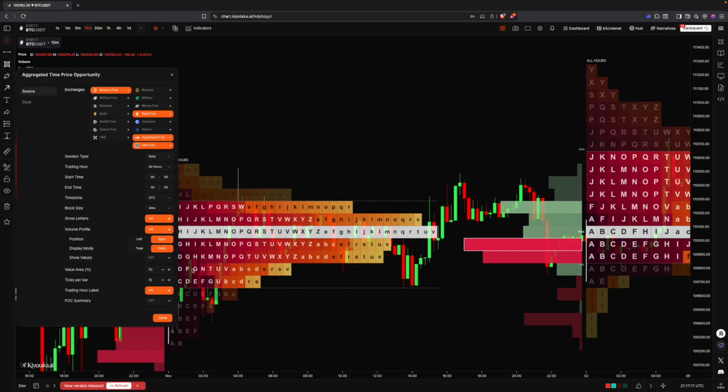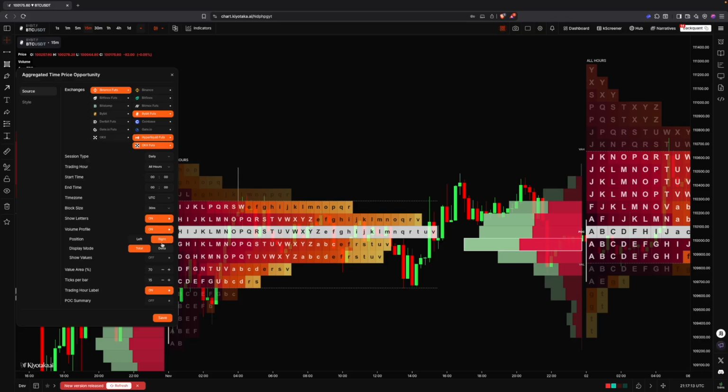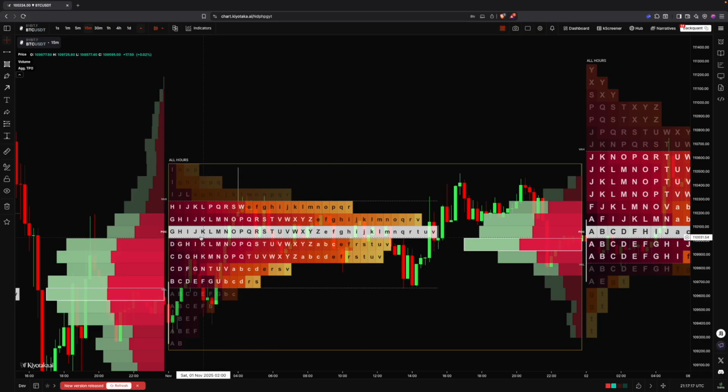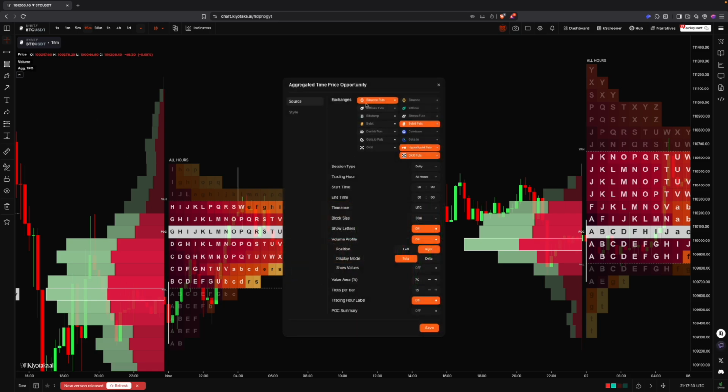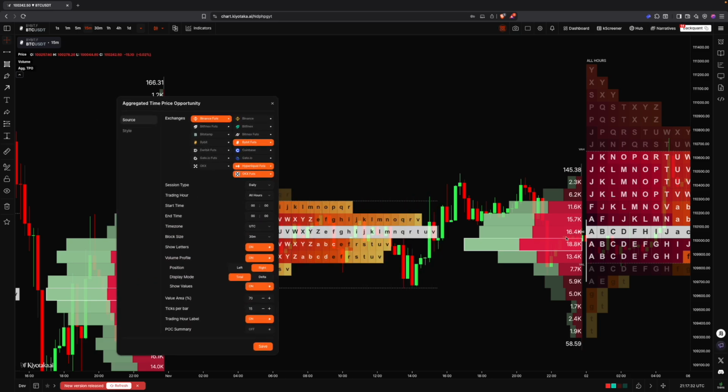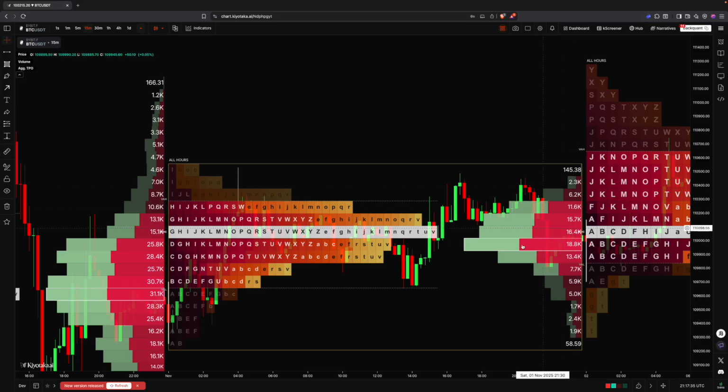And why I like to use them in confluence with each other is because you can see here the POCs are slightly different. That is because the TPO POC is based on time spent, whereas the volume POC is based on the number of transactions occurring, which is denoted by, if you go show values here, the number of Bitcoin traded at each price level.